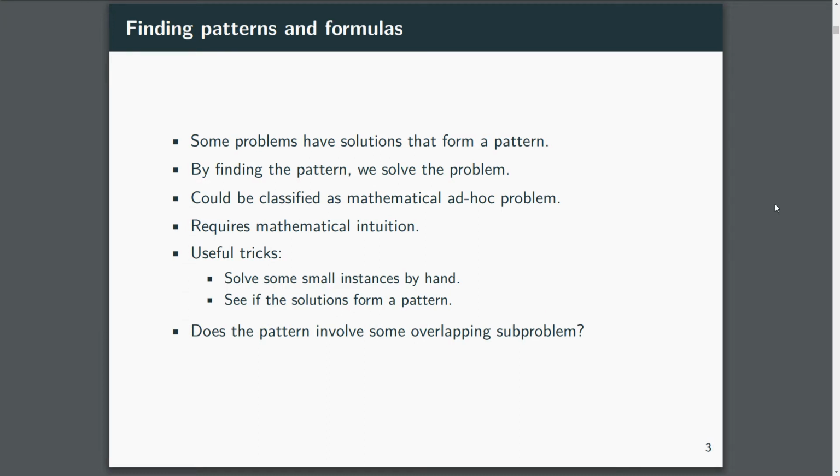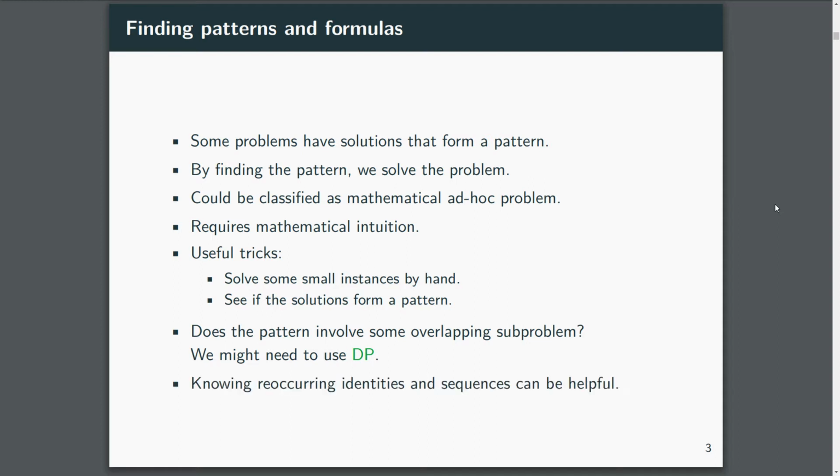Sometimes this pattern involves an overlapping subproblem. And then we might need to use dynamic programming. It's also quite useful to know some identities and some common sequences, such as the Fibonacci sequence.